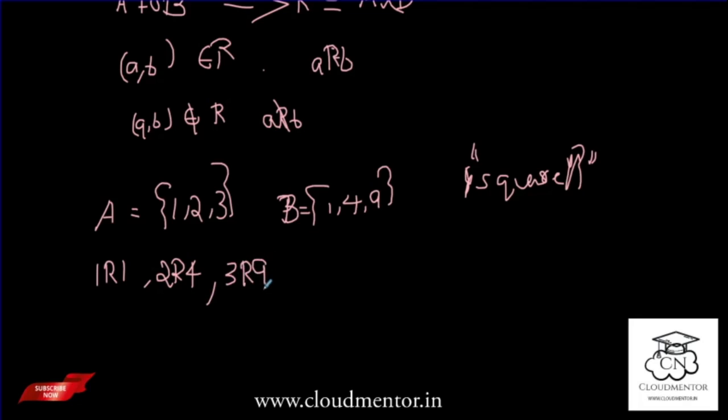Okay, so this relation will be the set of the ordered pairs (1, 1), (2, 4), and (3, 9).